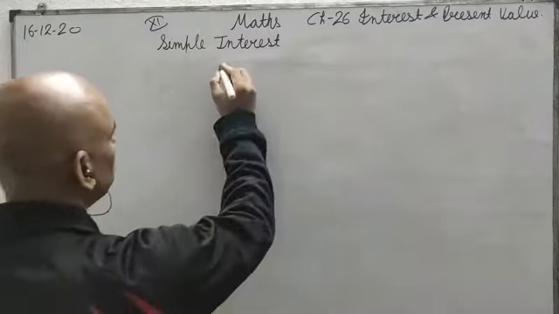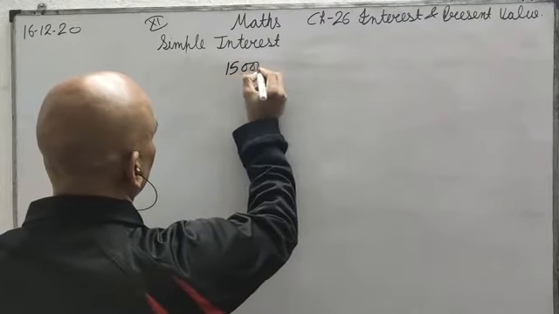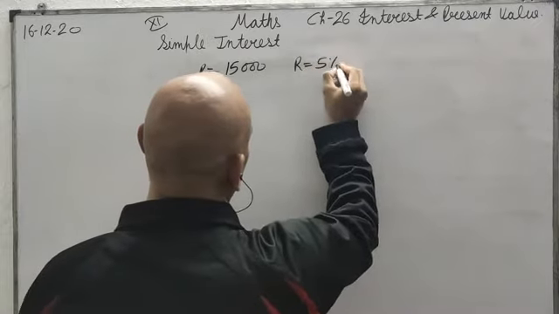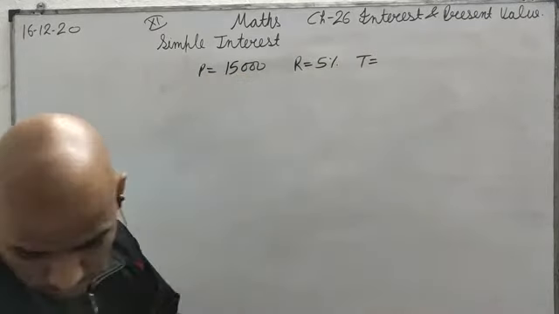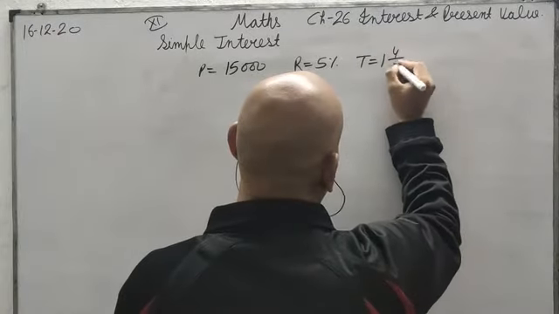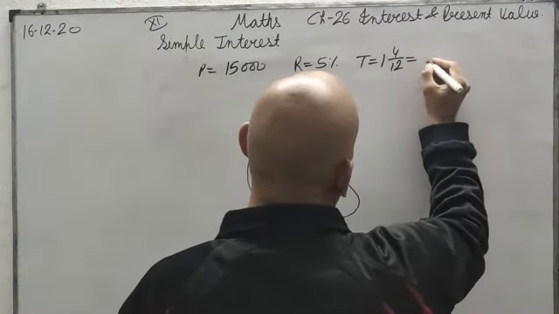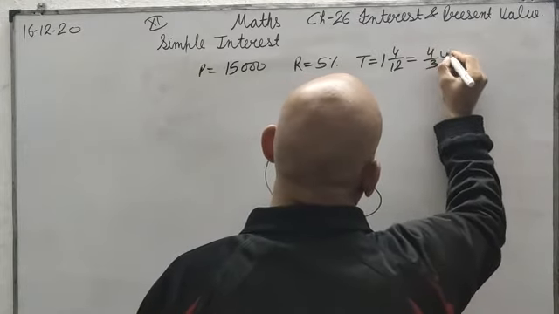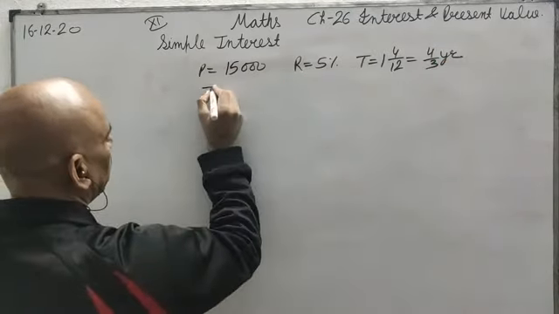This is principal, rate is 5%, and time is 1 year 4 months. So 1 year 4 months, 4 3s are 12, so 4/3 year. Let us calculate the interest.